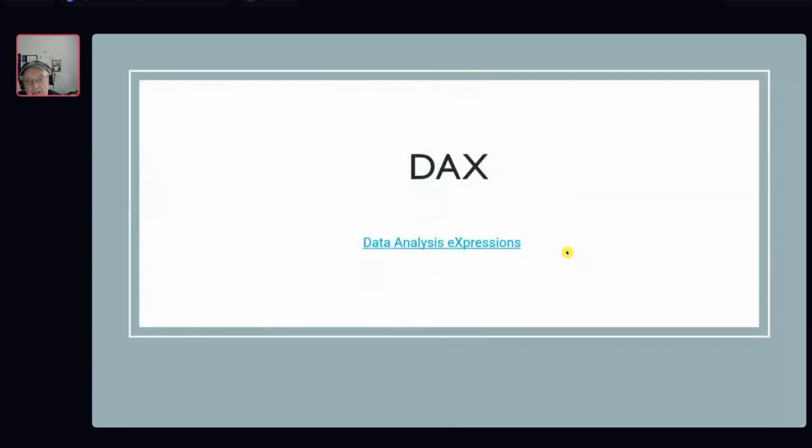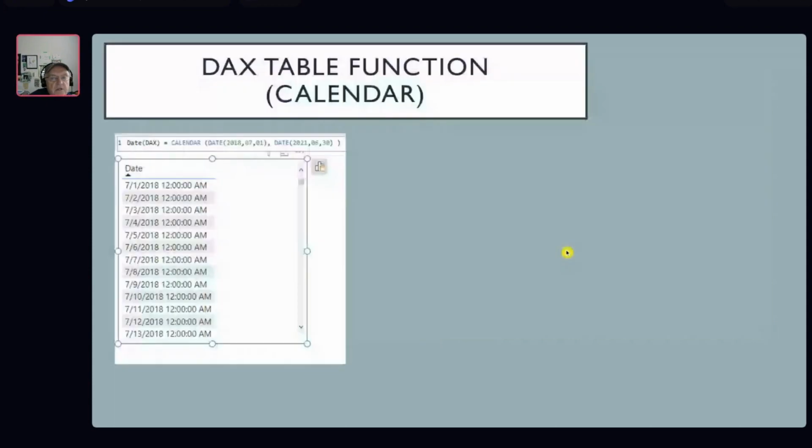So the second way of doing it is DAX, which is Data Analysis Expression. And it's pretty simple to use a table function called calendar. You type in some code. We're going to look at this in the demo. You type in some code, you get a date table.